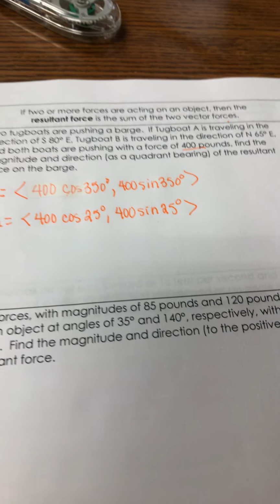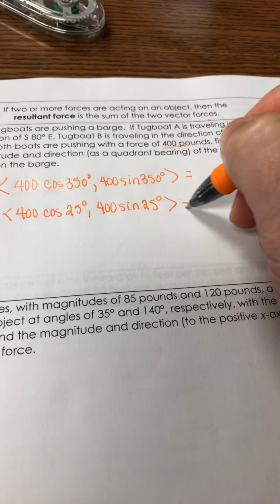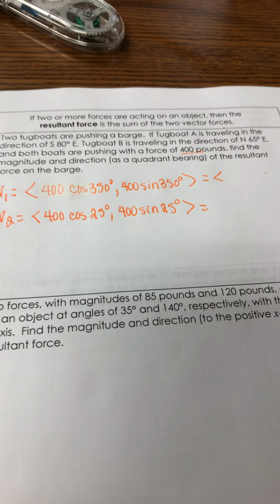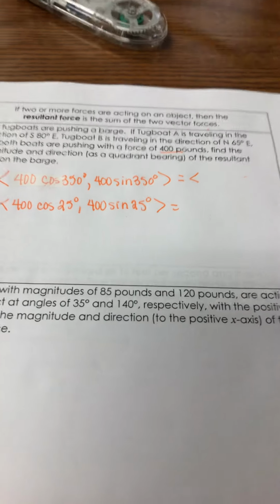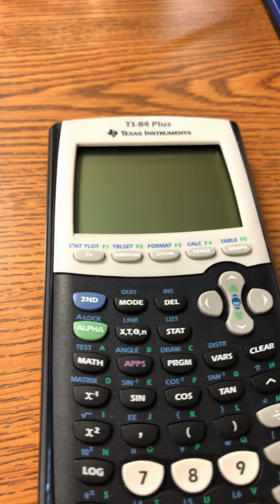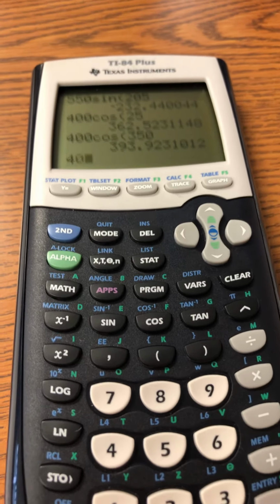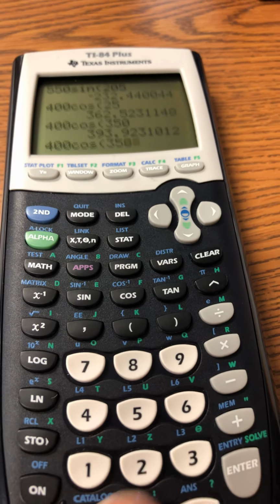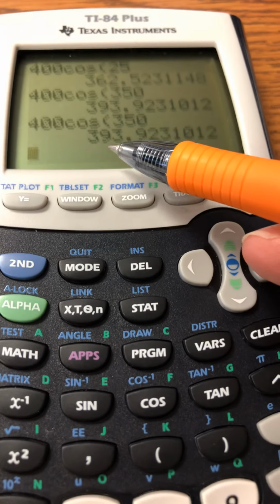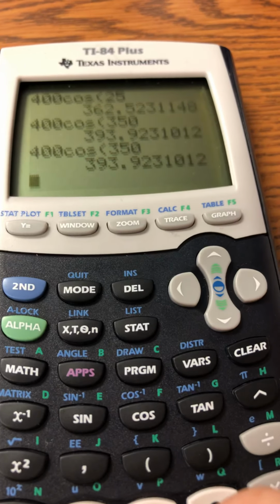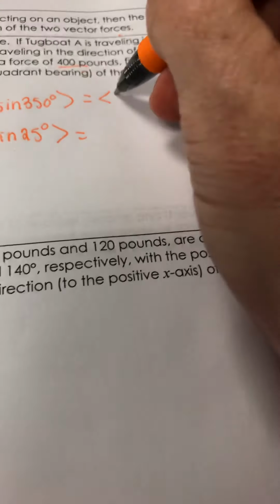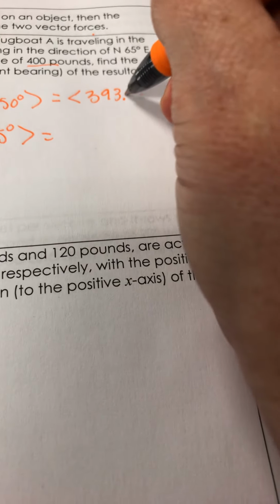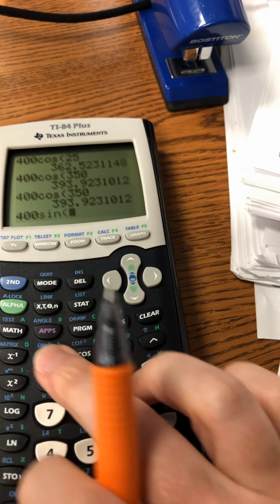Now let's go to our trusty calculators and get our decimals. And again, let's go out 2 decimal places. That seems like a good idea. So in my calculator, I'm going to turn it on because that's the thing to do. We have 400 times the cosine of 350. So it's 393 and 92 hundredths. Okay, and then we'll do the sine, 400 sine of 350.